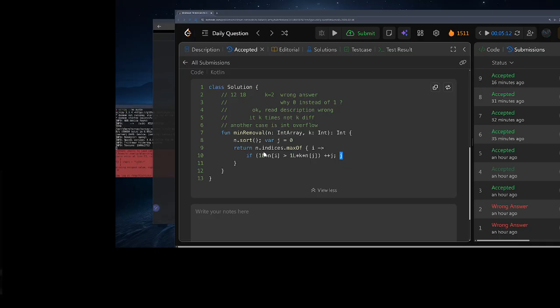And as you can see, we don't use an n minus.